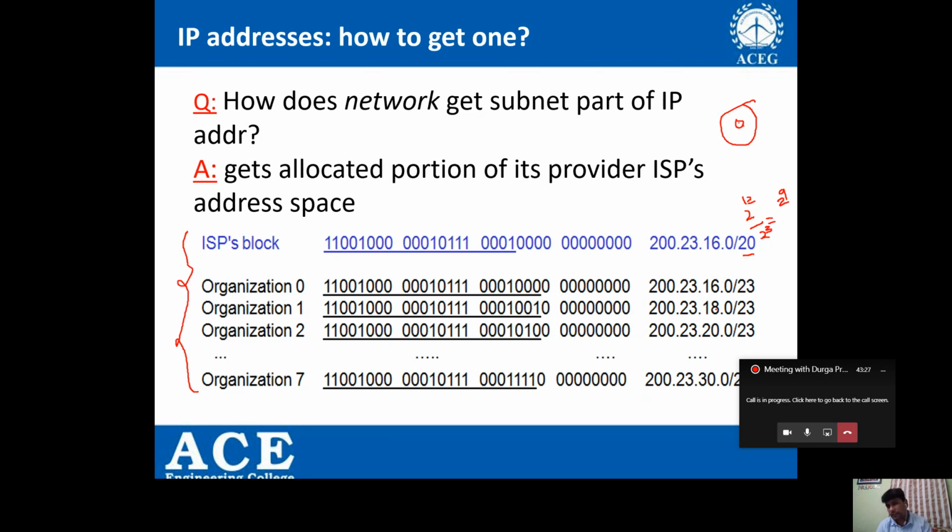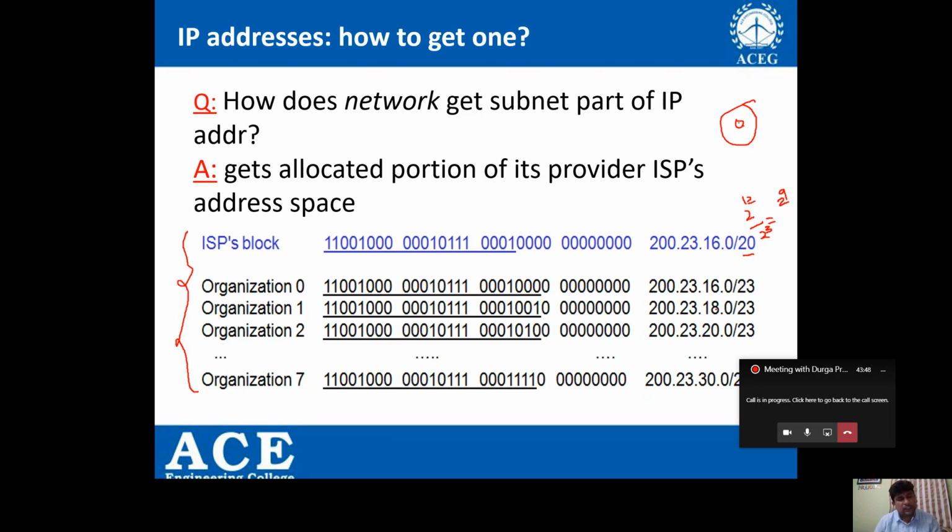Next, we discuss how we get an IP address using the Dynamic Host Configuration Protocol, and what we mean by dividing the network into smaller subnets so that we can share the total IP addresses among multiple organizations.